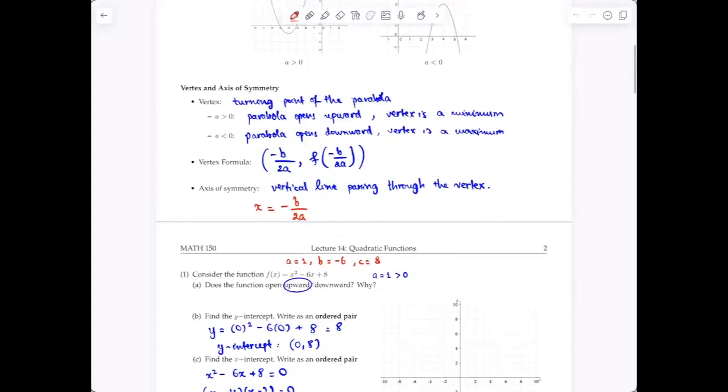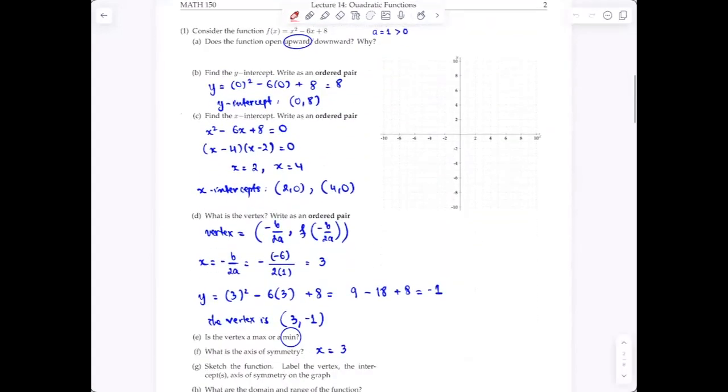Toward the end of yesterday, we covered the first two questions of example 1. In this example, you are given a function f of x equal to x squared minus 6x plus 8. This is a parabola that opens upward because a is equal to 1, a positive number.